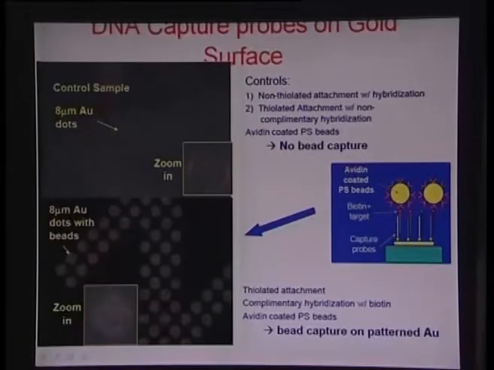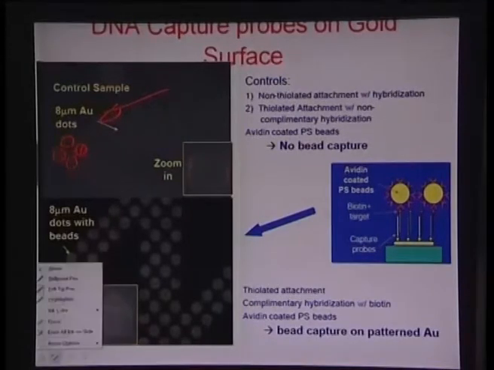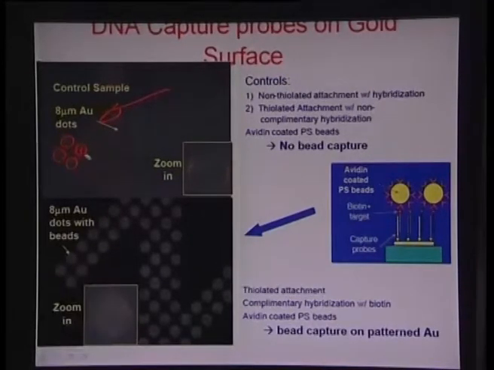So these dots here that you can see are 8 micron gold dots, made of gold. And what we do here is that in some of the dots we do not bind any capture probe, and in others we do bind capture probes. So you are making some control and some reference sites of binding.